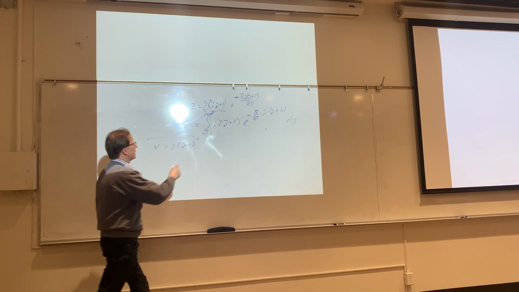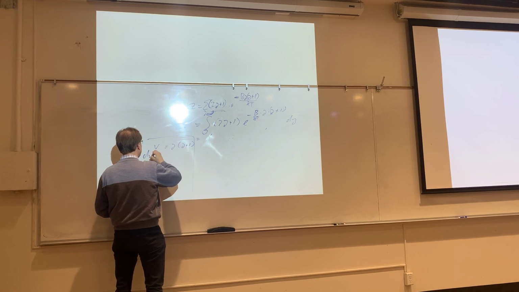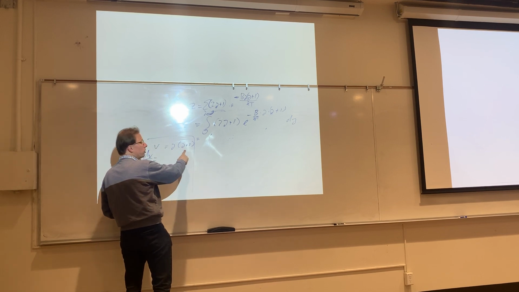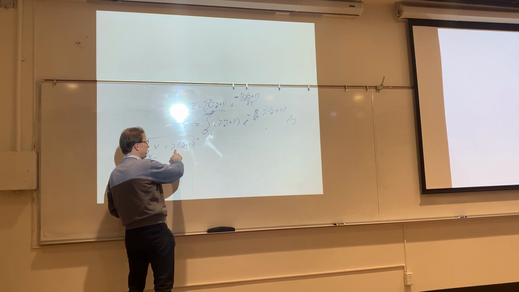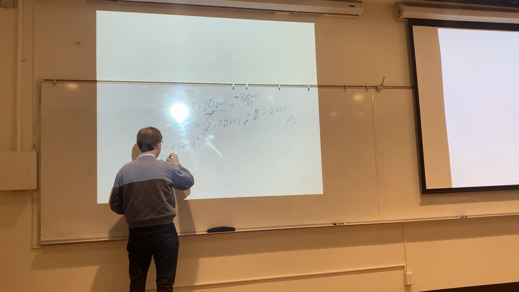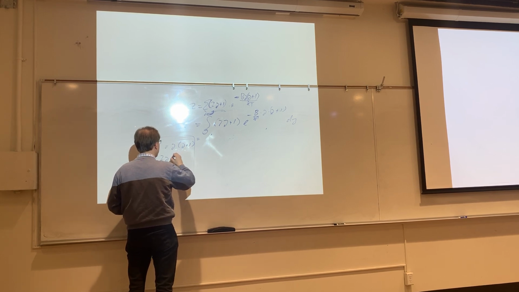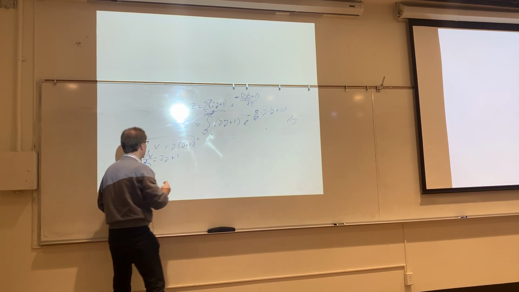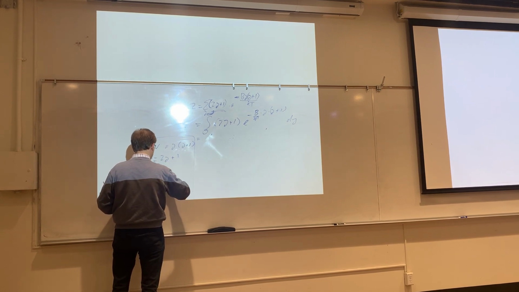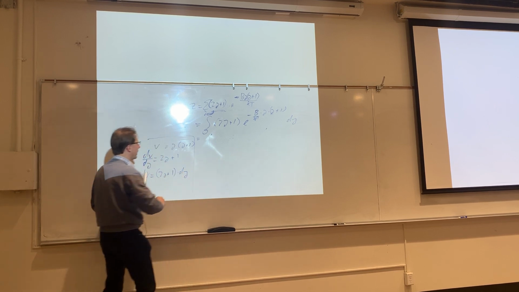So I need to get rid of the dj over here. In order to get rid of the dj, I ask myself, what is dv by dj? And for that, I need to multiply this out. J times j is j squared. The first derivative of j squared is 2j. Then j times 1: the first derivative of j is 1. So dv equals (2j plus 1) times dj.